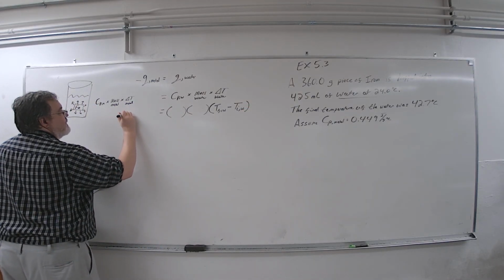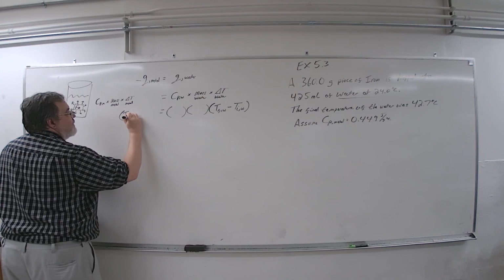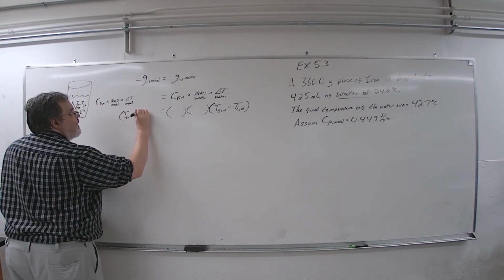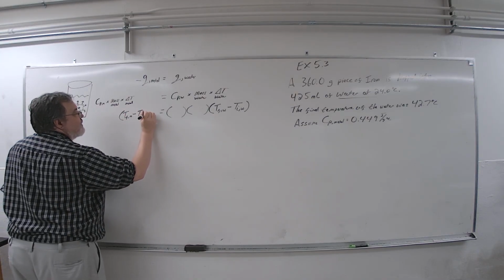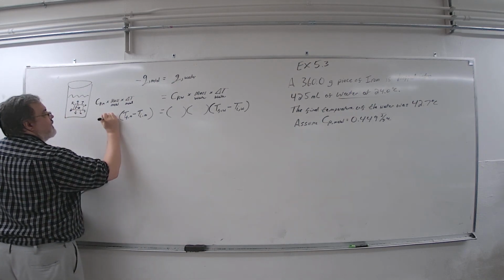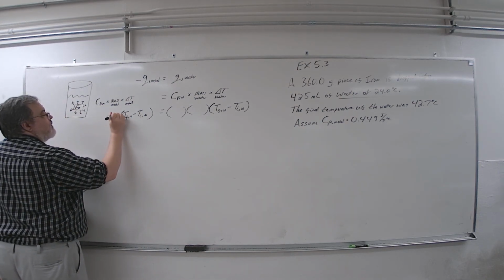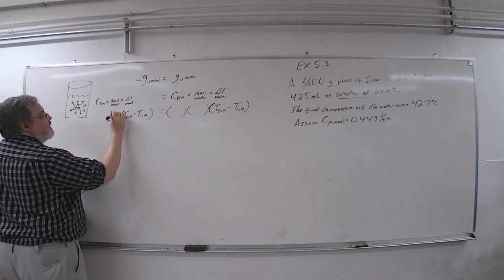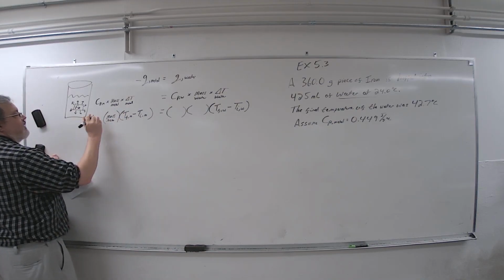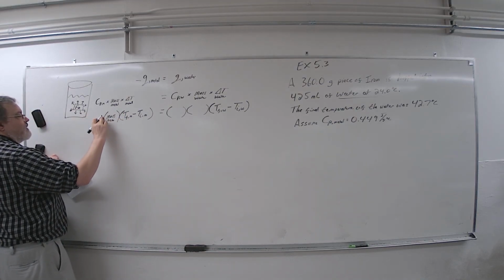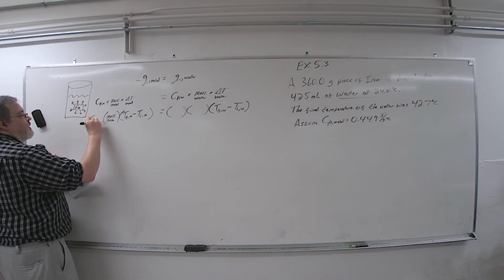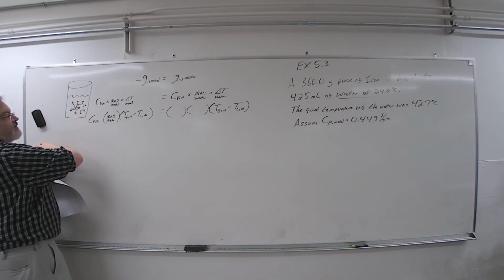Let's make this T final for the metal minus T initial for the metal, mass of the metal, that way. And I'm just going to write CPM because that's what we're trying to find.